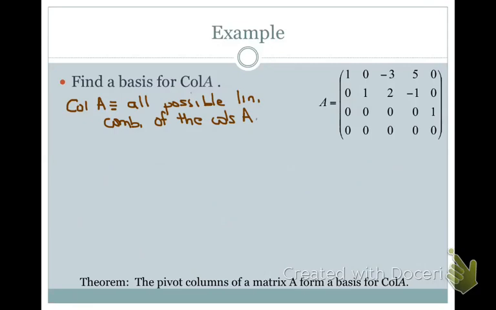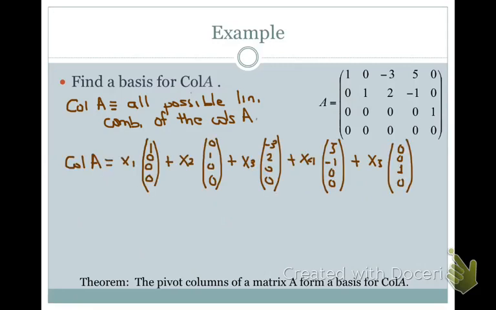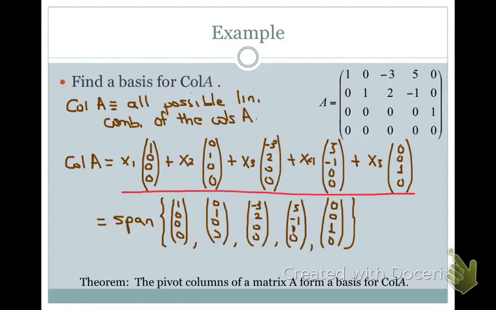Let's recall that the column space of A is just all possible linear combinations of the columns of A. So here I write the column space as a linear combination of all the columns in the matrix A. By definition, we can also write the column space as the span of the columns of the matrix A. So this tells us that the columns of A form a spanning set for the column space. In other words, we have a set of vectors that spans Col A.